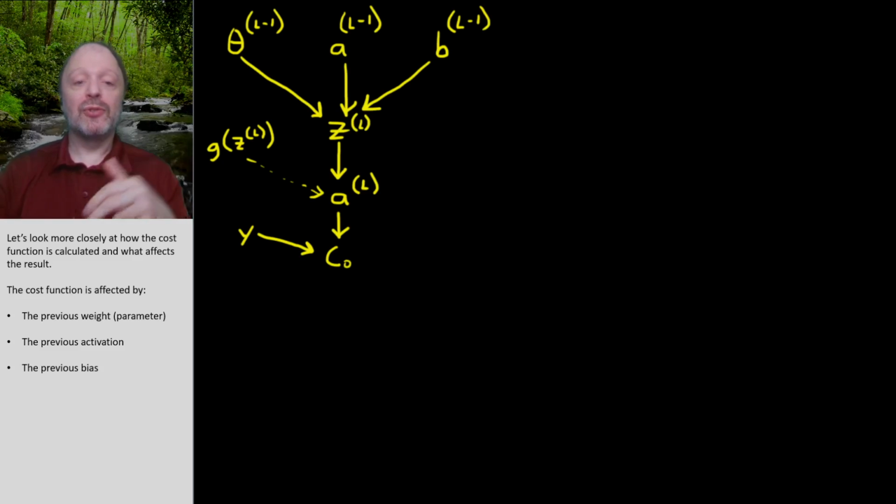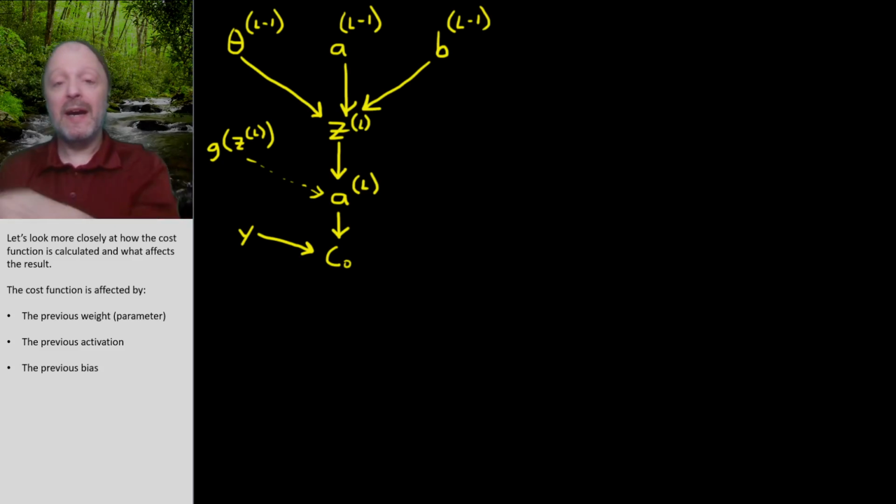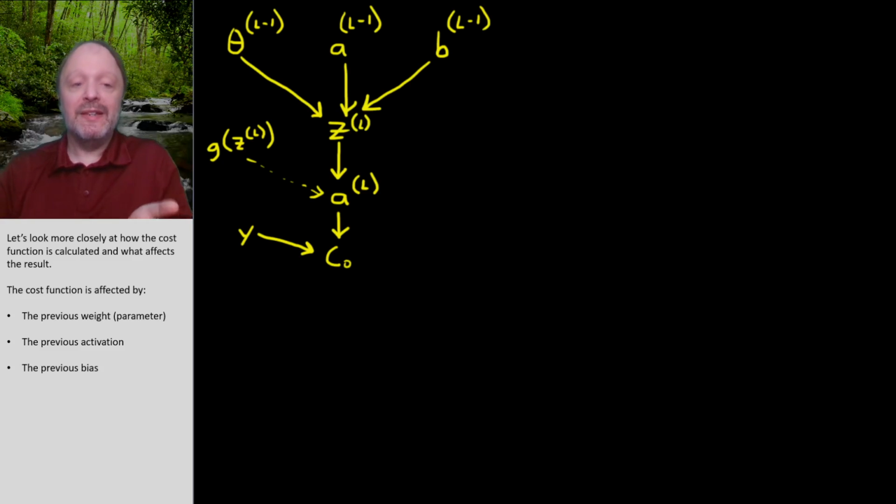So we need the partial of the cost function with respect to the weights, the activation, and the bias. We need those partials to get the direction to nudge the theta parameters to get a more accurate guess in the next loop.